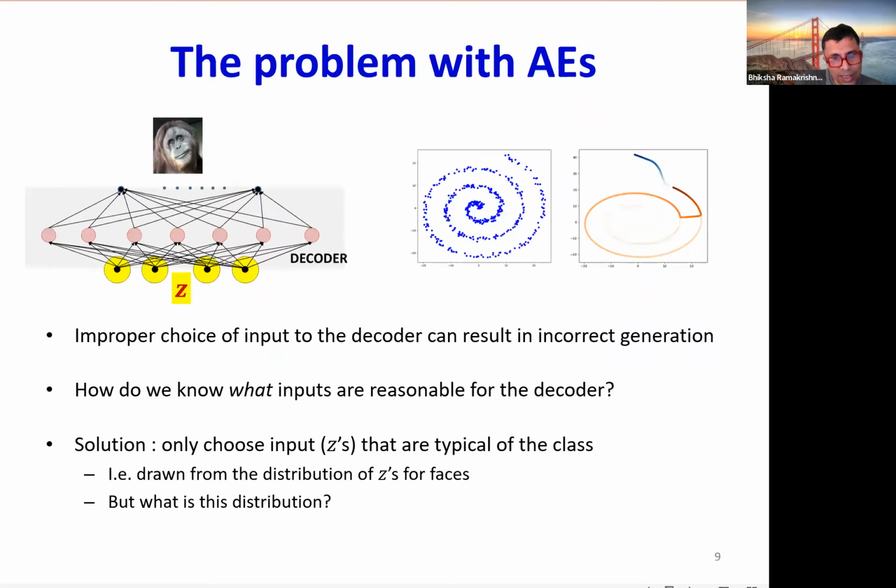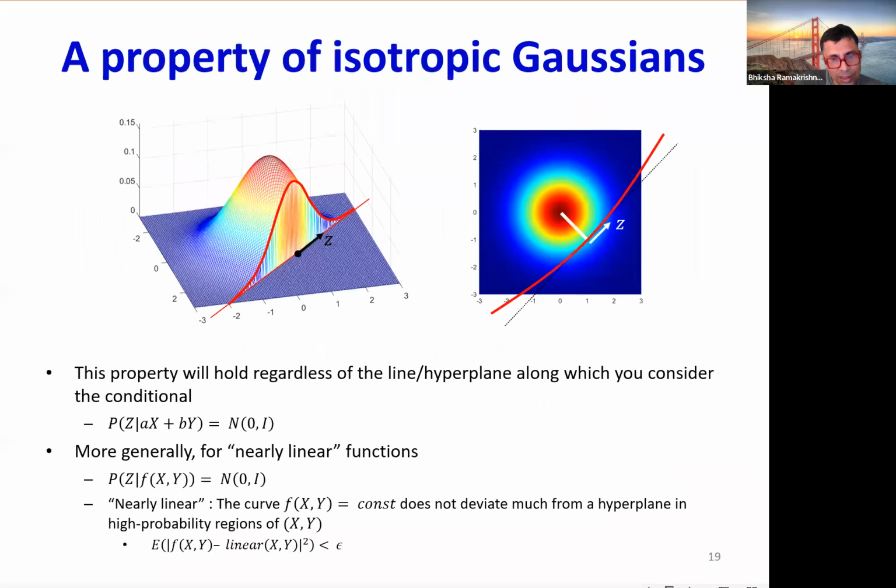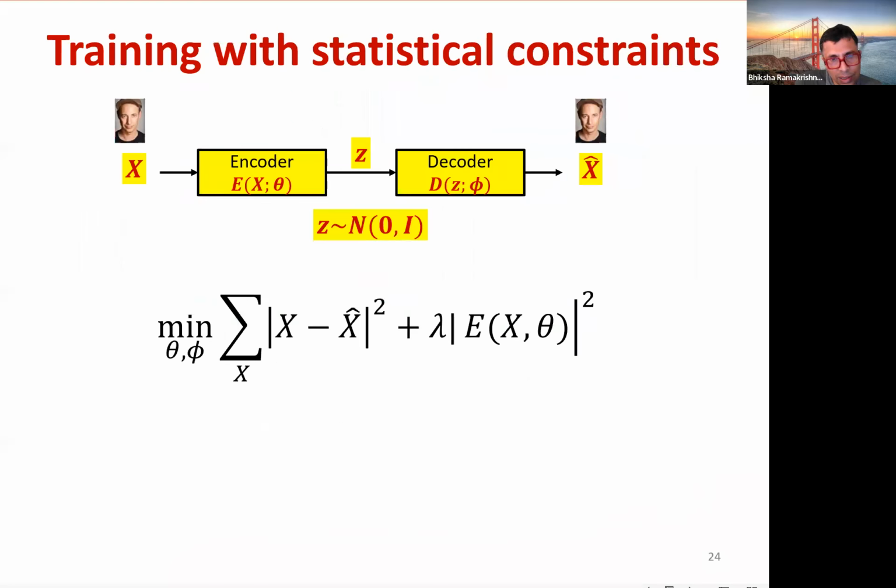Remember this term? This maximizes the probability of Z on the standard Gaussian.